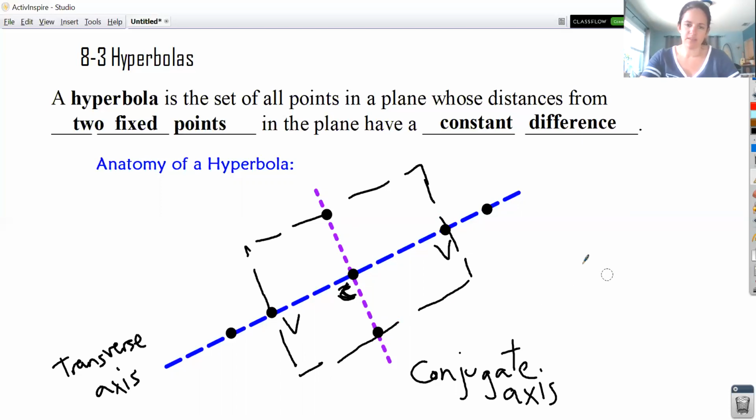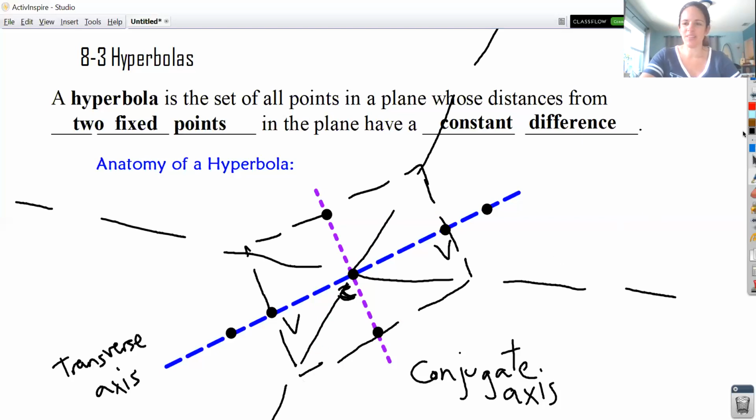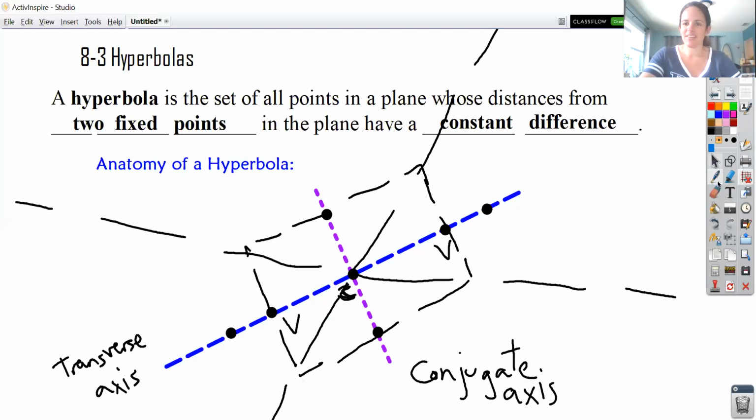We're going to make that rectangle, and then we're going to draw diagonals through that rectangle, like so.